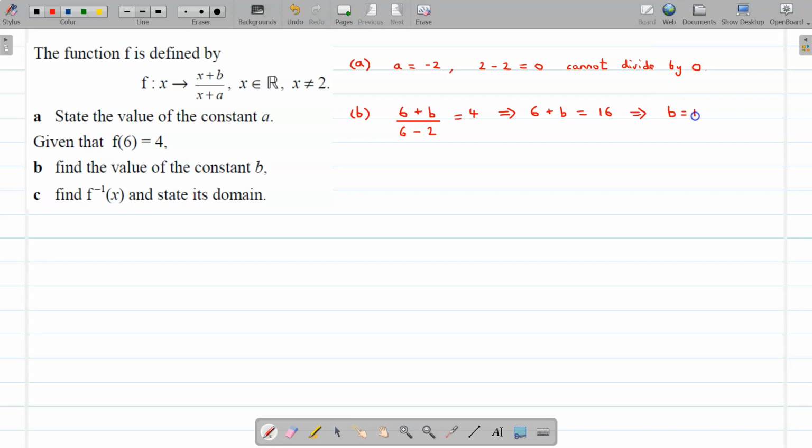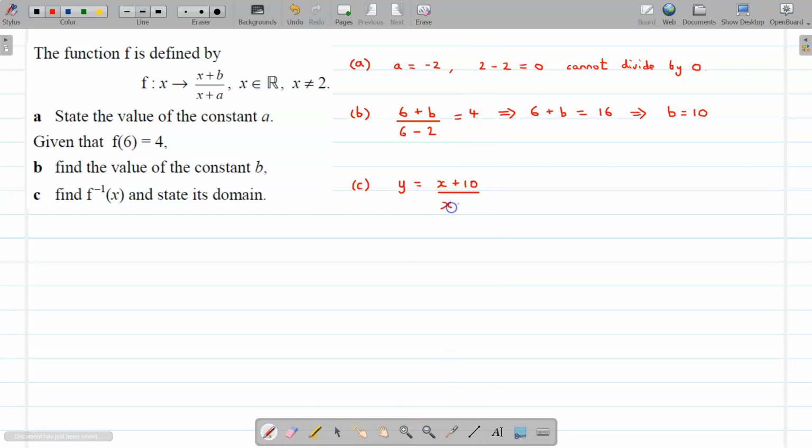So we now know what b is, we know what a is, and we can go on to answer part C. We've got to find the inverse function of f and state its domain. For this one, instead of saying x maps onto this, we say y equals. So we write the function as y equals x plus 10, because we now know what b is, divided by x minus 2.